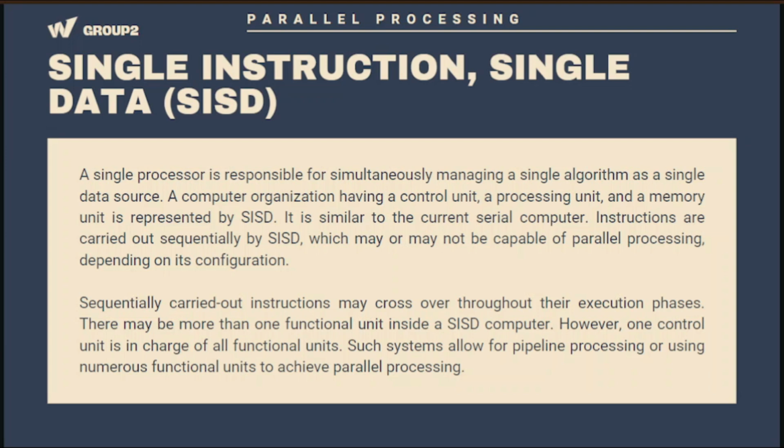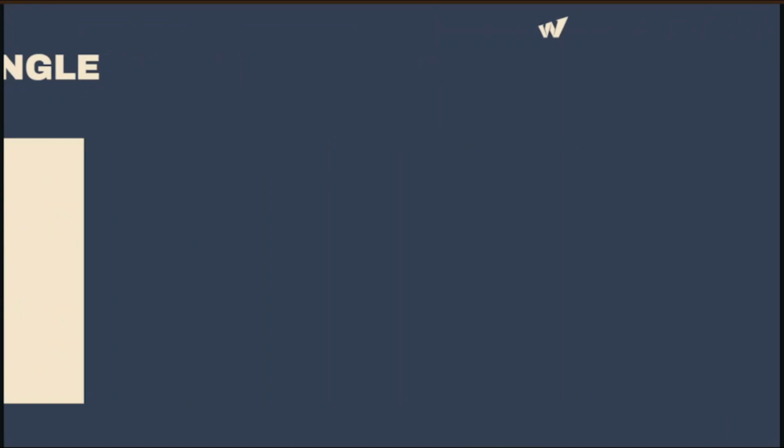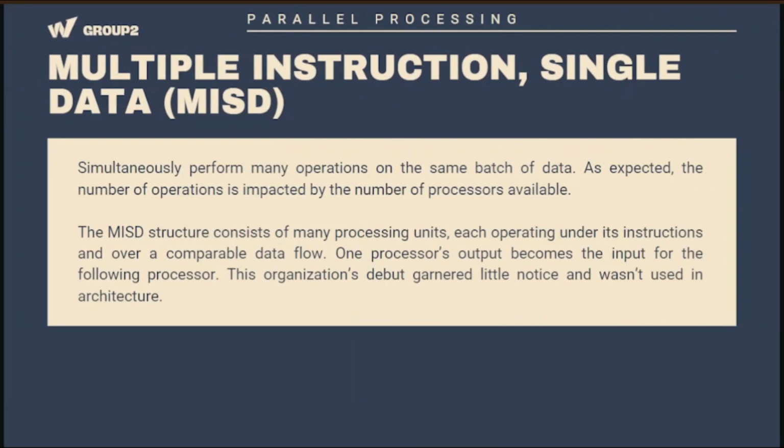And moving on to the next slide, MISD or multiple instruction, single data. It simultaneously performs many operations on the same batch of data. As expected, the number of operations is impacted by the number of processors available.